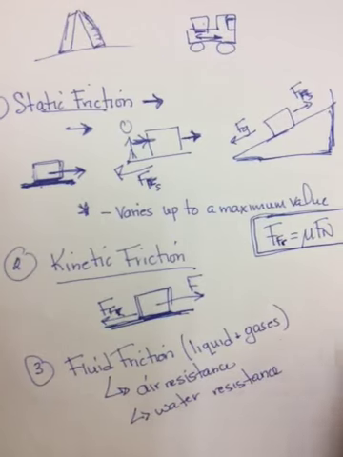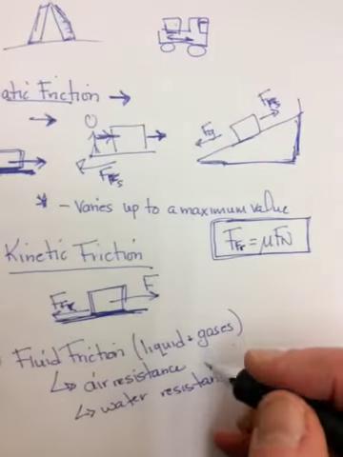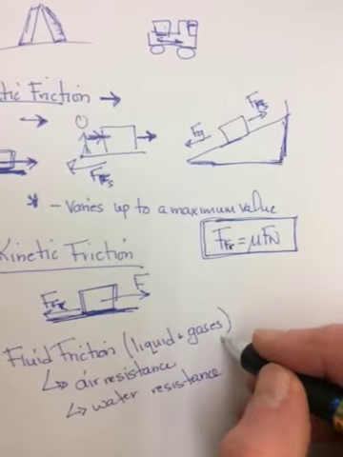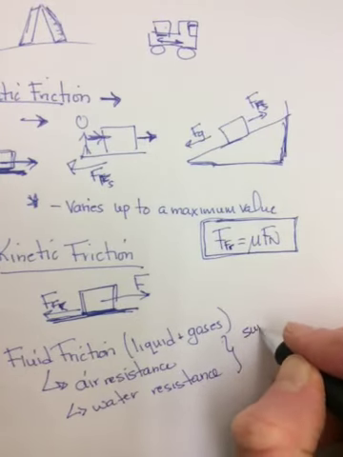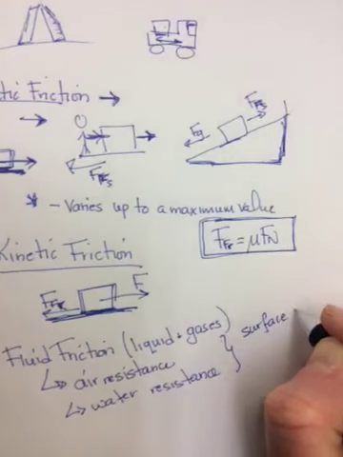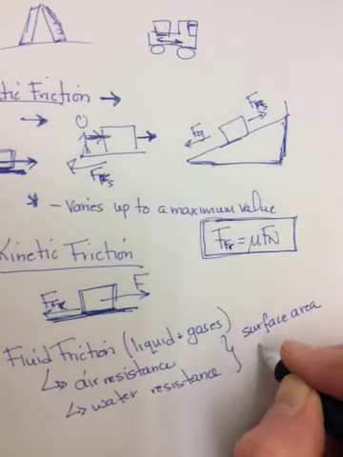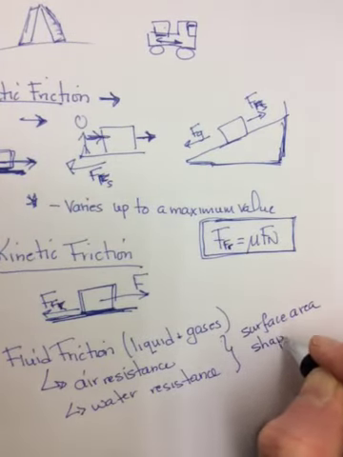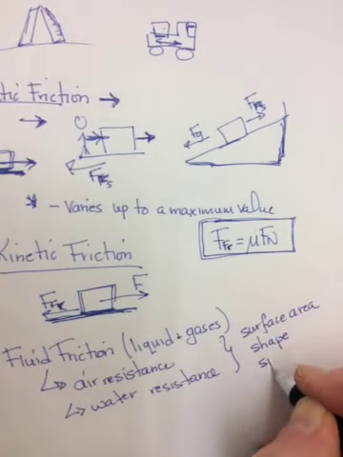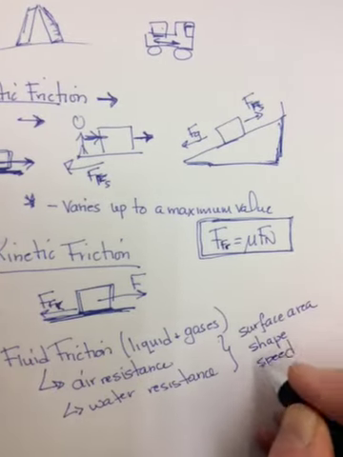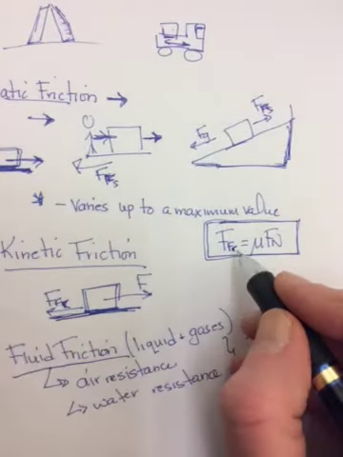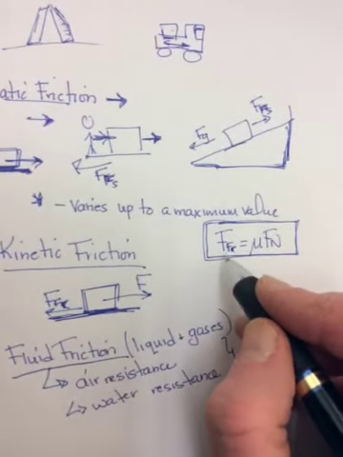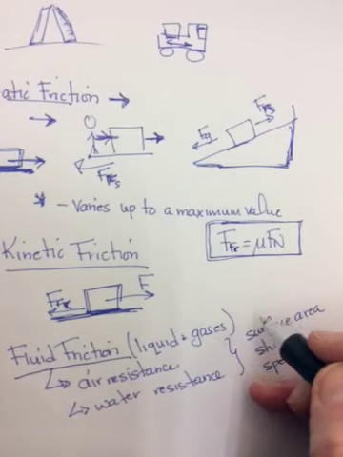Now the thing with fluid friction is that the amount of fluid friction does depend upon surface area. It depends on shape, and it depends on the speed of the object. And because of this, fluid friction does not obey the equation friction equals mu Fn.